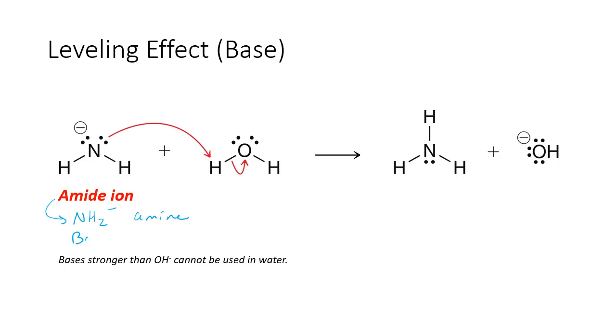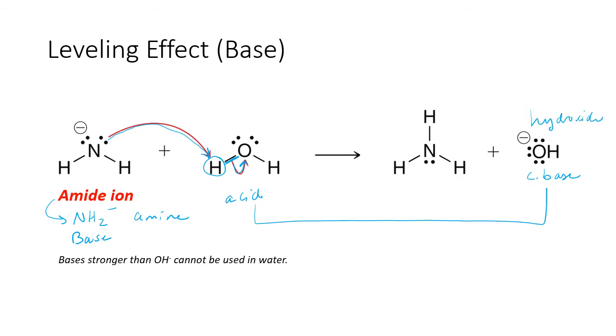That's going to function as a base, and if it is in water as a solvent, the water can function as an acid. So one of the lone pairs of electrons on the nitrogen will attack the proton on the acid, and the electrons in this covalent bond will stay with the oxygen. Water will form its conjugate base, which is hydroxide ion.